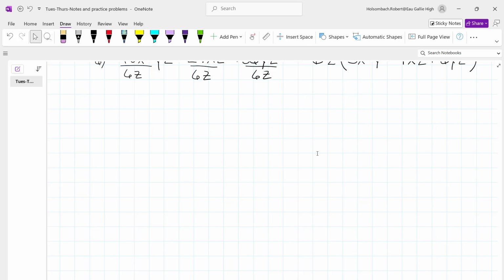Today we are going to continue factoring, and we're going to work on factoring trinomials when a is equal to 1.